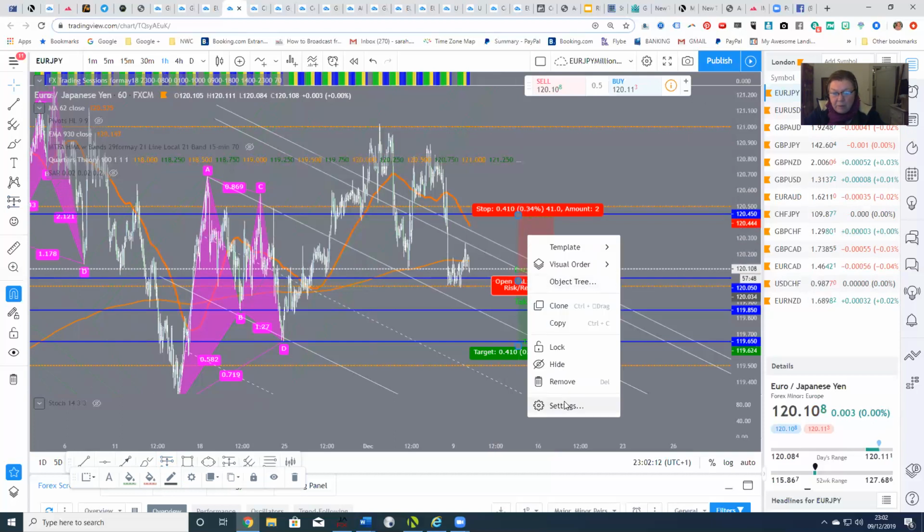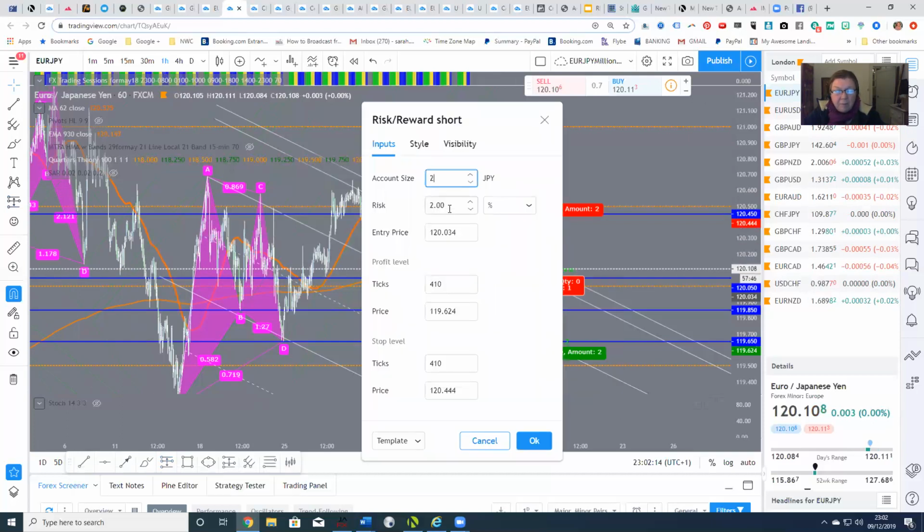And then you look at settings just to make sure. Now he set his entry price. We're going to put that in at 120.05, as John called it. And the profit level on this one, we'll just go for take profit 1.